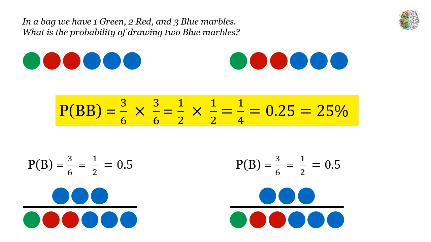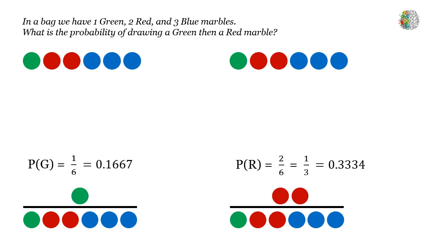So I have a 25% probability that if I draw a marble, then replace it, and then draw a marble again, both marbles are going to end up being blue.